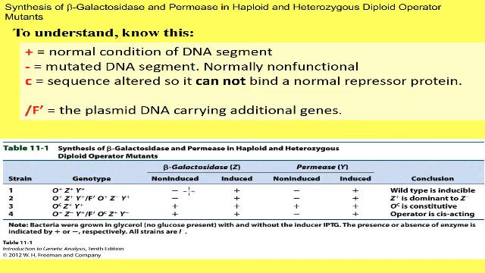Well, in the absence of a supply of lactose, we should not get any Z gene produced. Similarly, we should not get any Y gene produced. And what do we find? We find that under the normal circumstances, the operator prevents the RNA polymerase from producing any Z gene. Same thing with the Y gene. So that makes perfect sense.